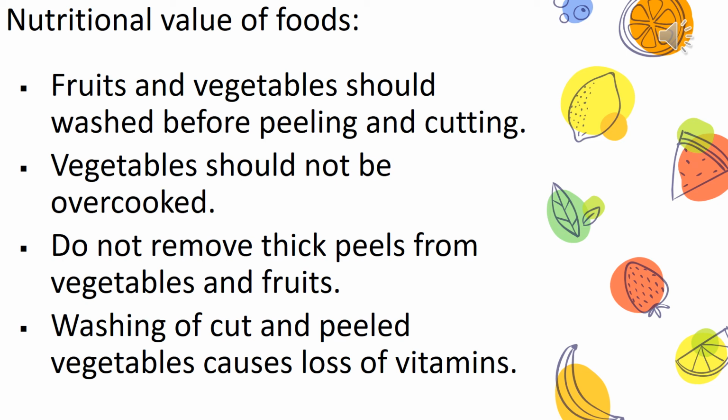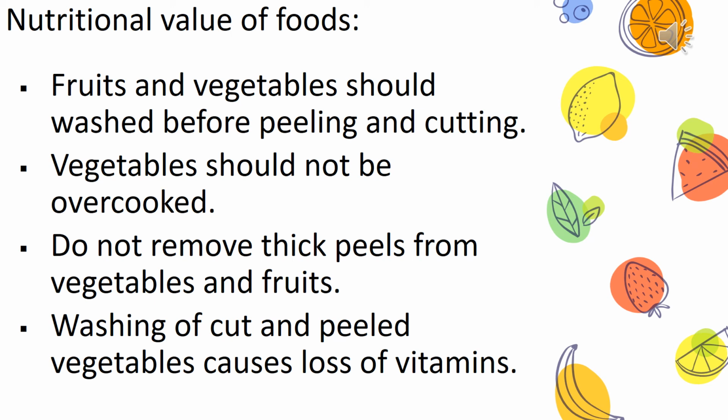First one, fruits and vegetables should be washed before peeling and cutting. If we wash them after cutting, what will happen? Certain water soluble vitamins and minerals get washed away with water.